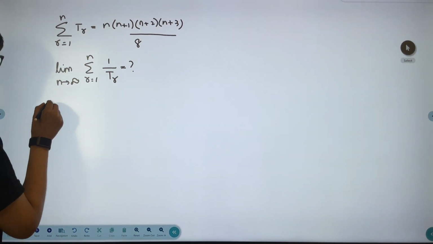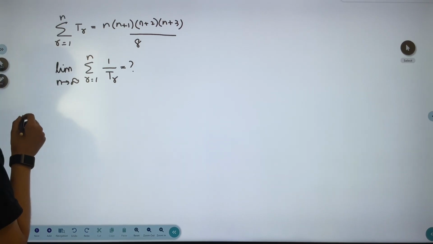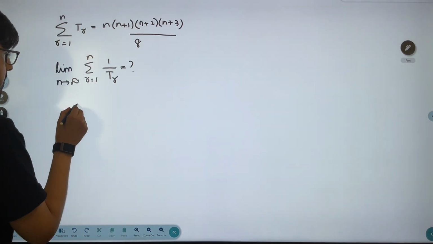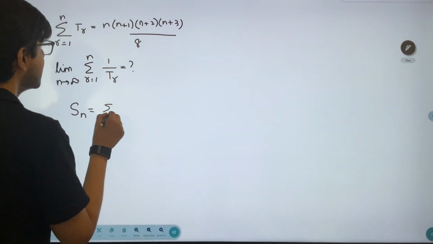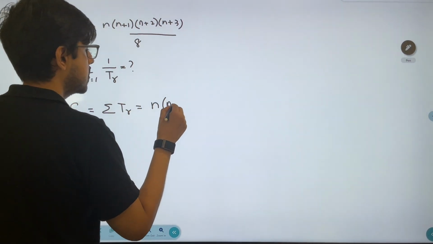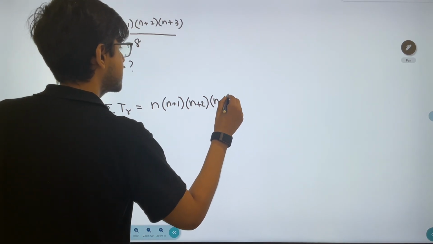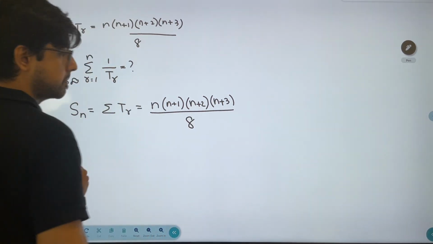Let me define the term Sn as summation TR, which is n into n plus 1 into n plus 2 into n plus 3 by 8.